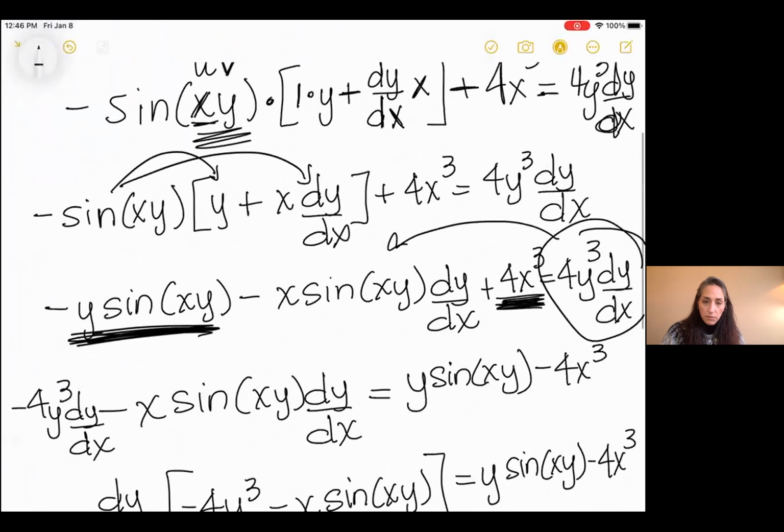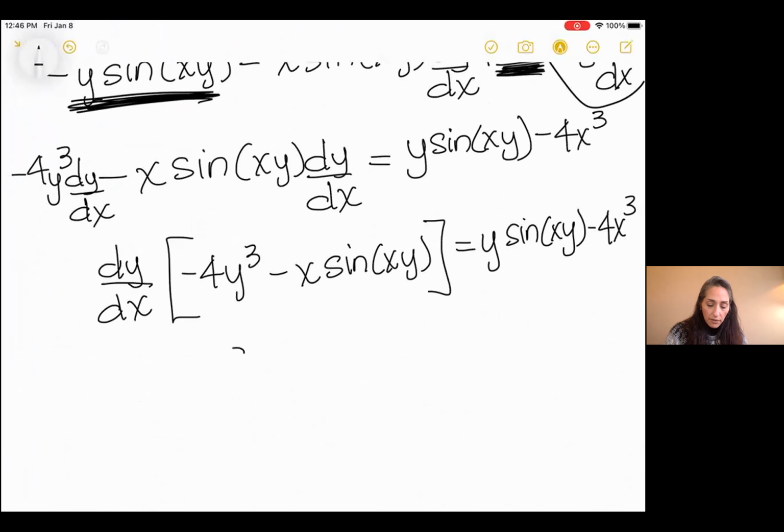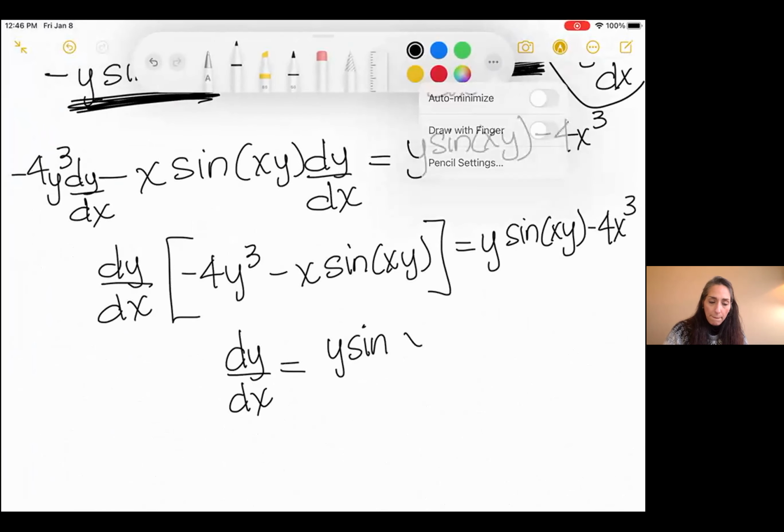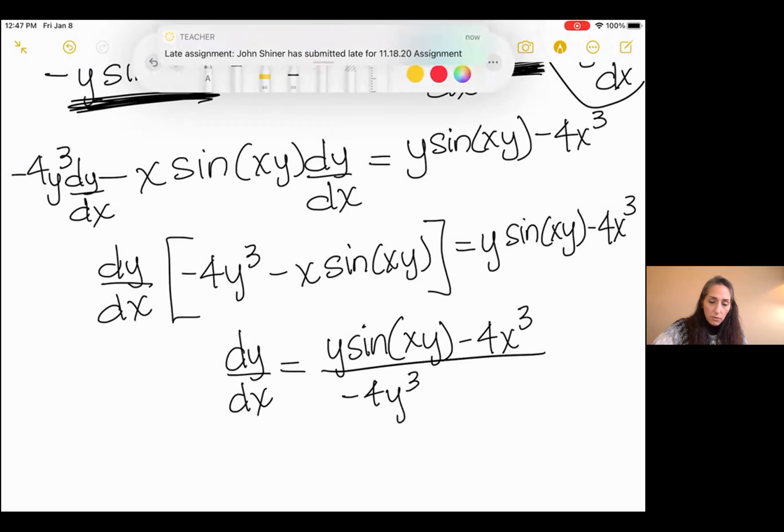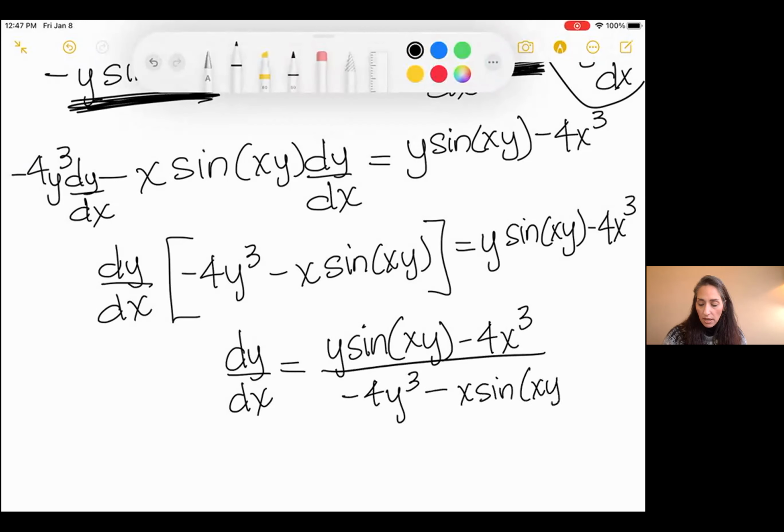So now dy over dx is going to equal y sine of xy minus 4x cubed, all over negative 4y cubed minus x sine xy.